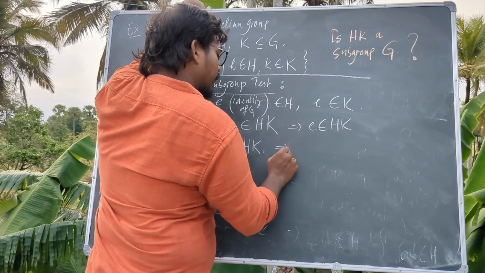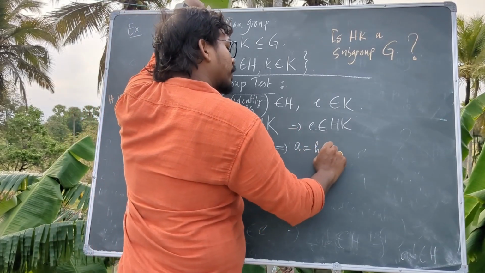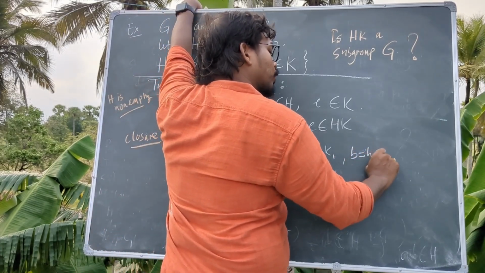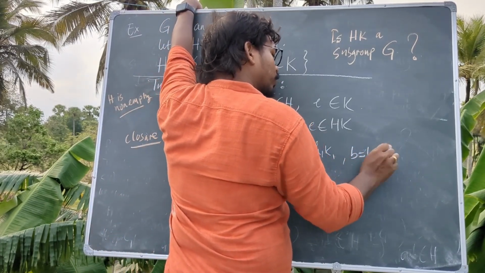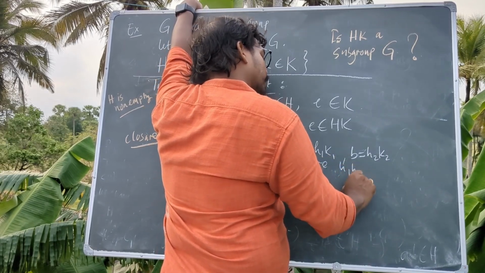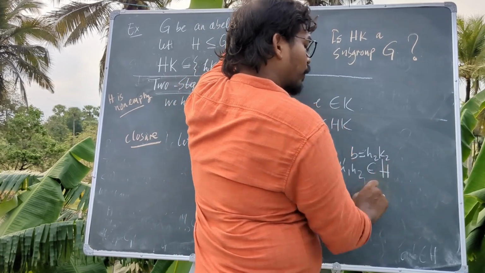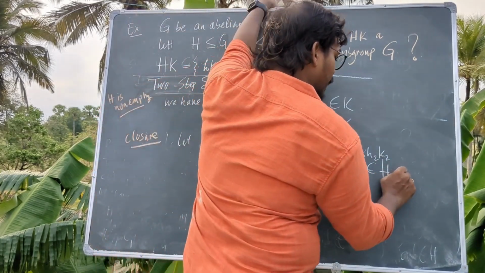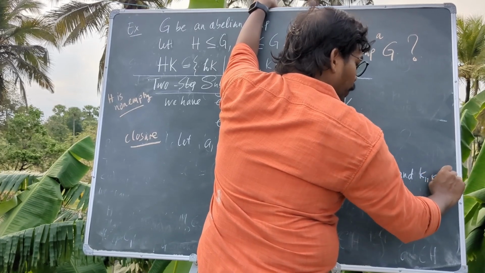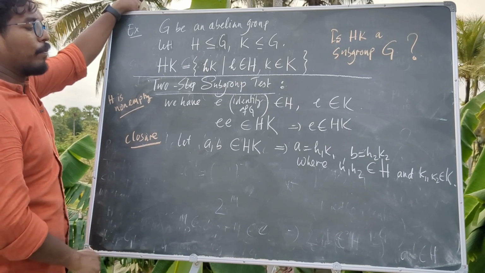That implies A equals H1 K1 and B equals H2 K2, where H1 H2 belong to the subgroup H and K1 K2 belong to the subgroup K. This is the property of HK.